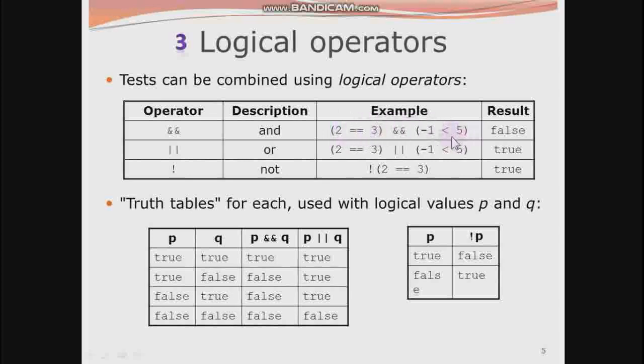If both sides are true, then it gives the final answer true. And if any result is false, it will always give false. Just like here, 2 is not equal to 3, so this will give false, but here this will be true. So finally, one side is showing false, so finally it will give false.